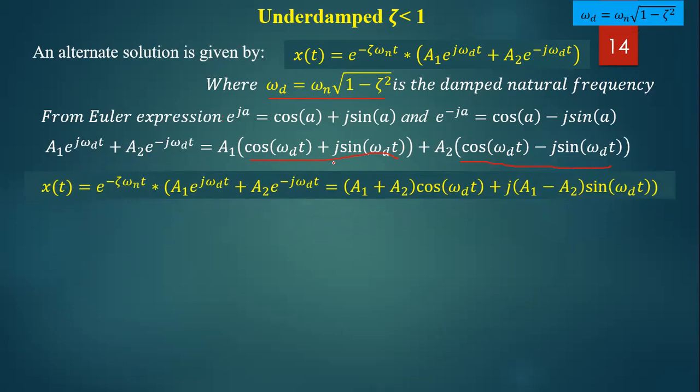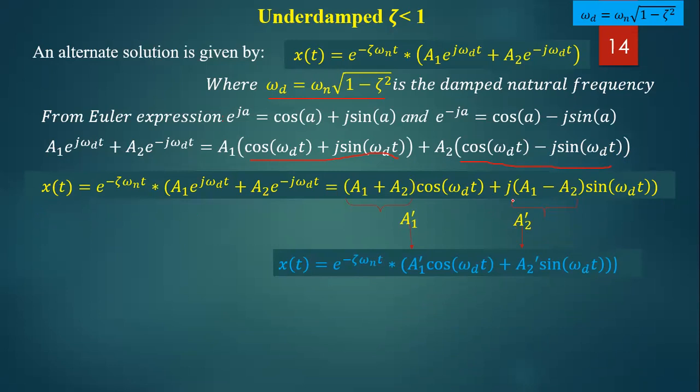And the sine term, j sin omega d t here, and a2 j sin omega d t, so that is j times a1 minus a2 times sin omega d t. So this is another equivalent representation. Let's assign a1 prime and a2 prime instead of a1 minus a2 and a1 plus a2. For this, we actually have a good relation that shows how we can define this.